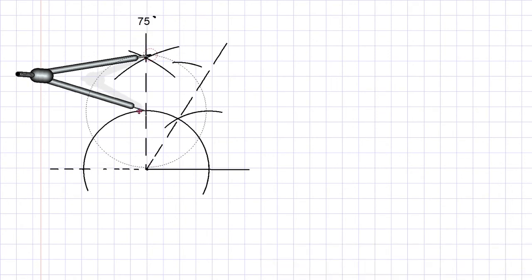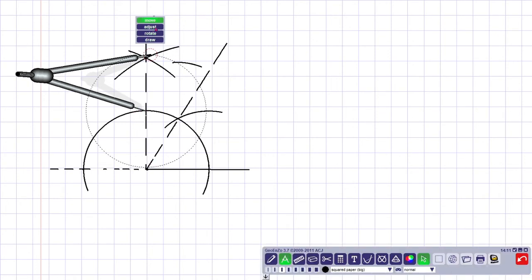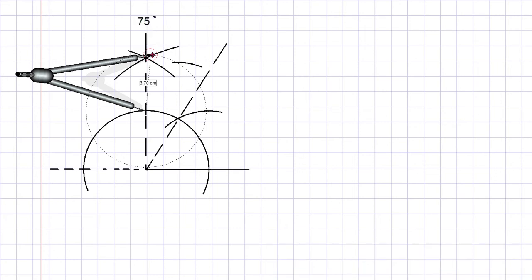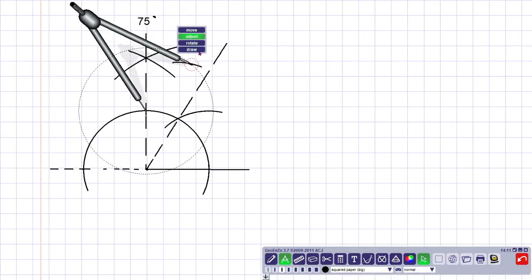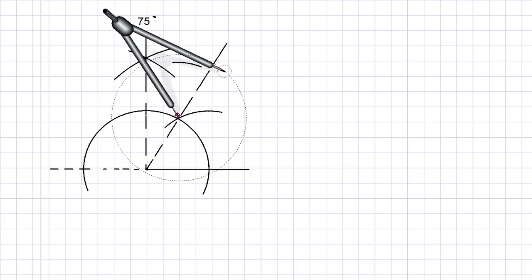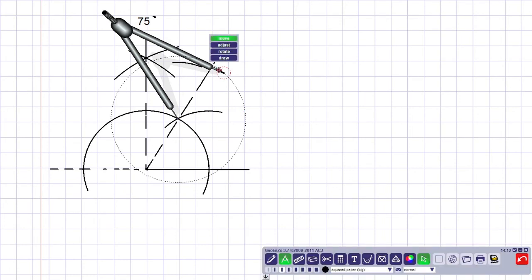Properly keep the compass. Now cross the previous arc. I will get the distance again.